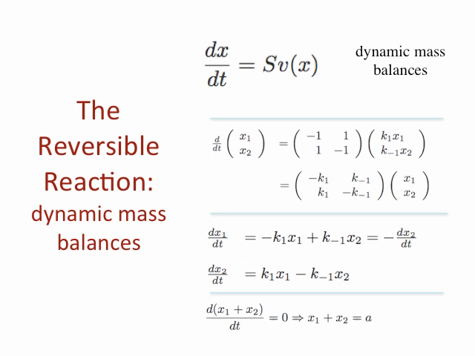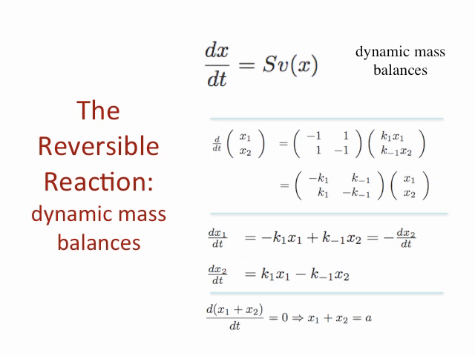Now I have a matrix filled with rate constants, and I have the vector of concentrations multiplying it. This happens to be the Jacobian matrix in this case, and it's obtained without any linearization. It is exact. We are not going to study properties of Jacobian matrices in this class.